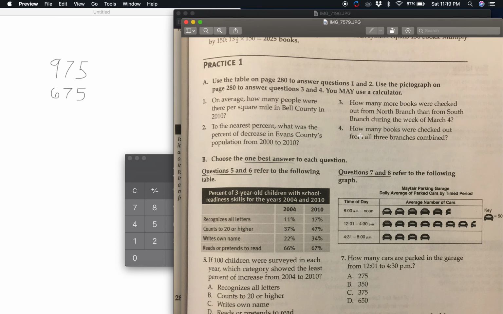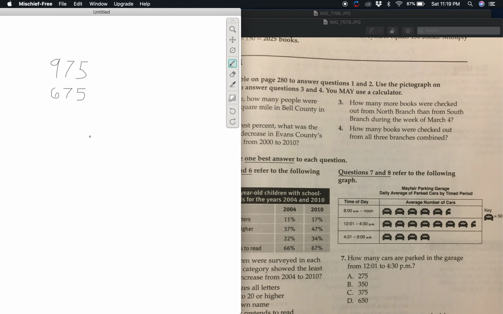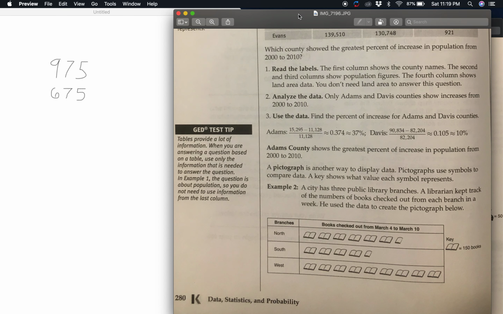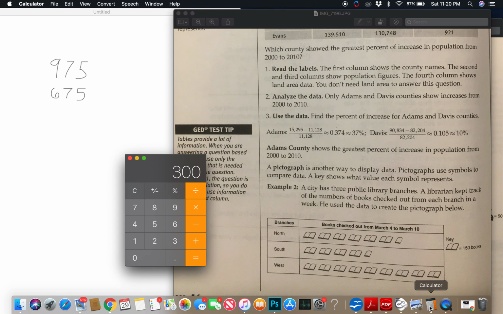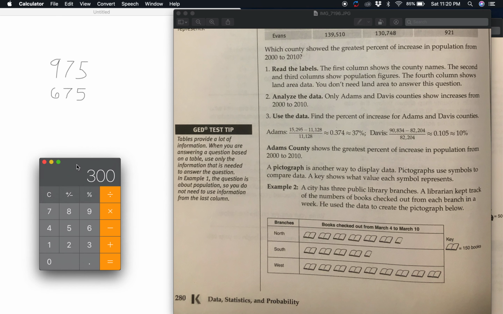Number 4, how many books were checked out from all 3 branches combined? So here we have, I'm going to count the whole books first. 1, 2, 3, 4, 5, 6, 7, 8, 9, 10, 11, 12, 13, 14, 15, 16, 17, 18, 19.